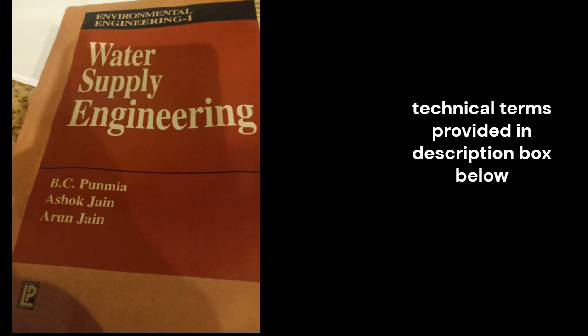Fourth, determination of dimensions of the tank. Fifth stage, check against scour. And sixth, design of influent structure. Design of effluent structure. That's the last step, so here it completes.